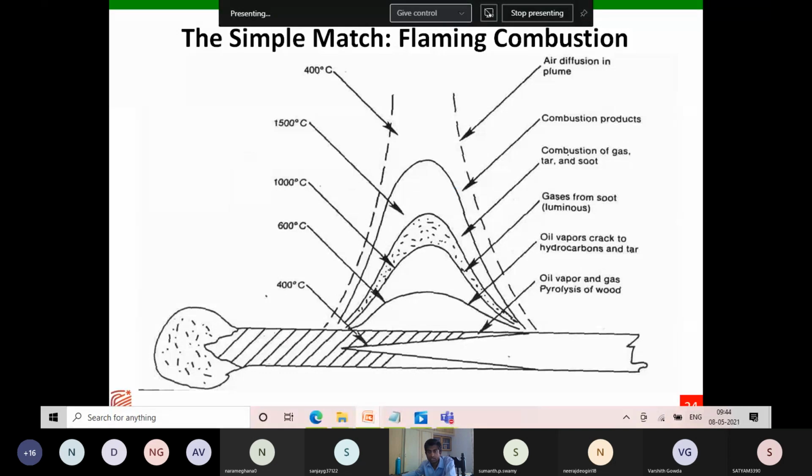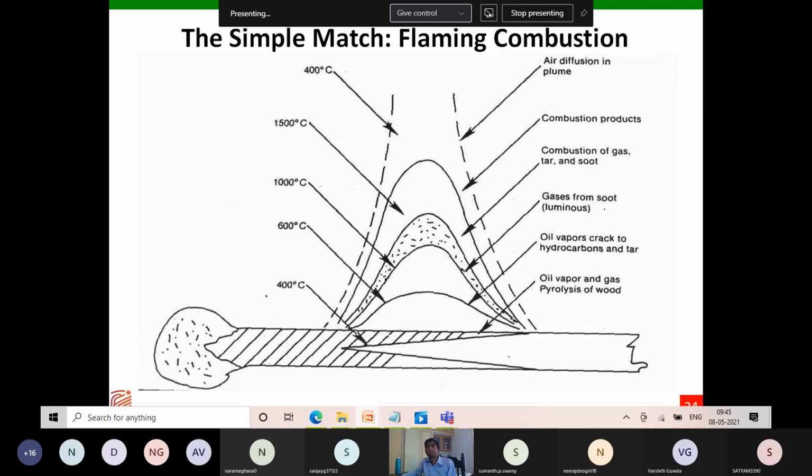Here we will not go into this matchstick in great detail. This is just an example to tell you that in real life you can see this pyrolysis technology happening on a matchstick. Here oil vapors crack to hydrocarbons and tar. We get gases from the soot.